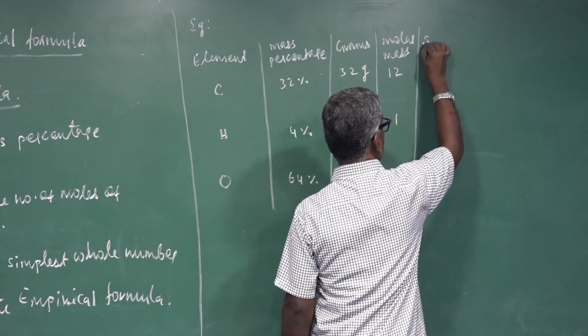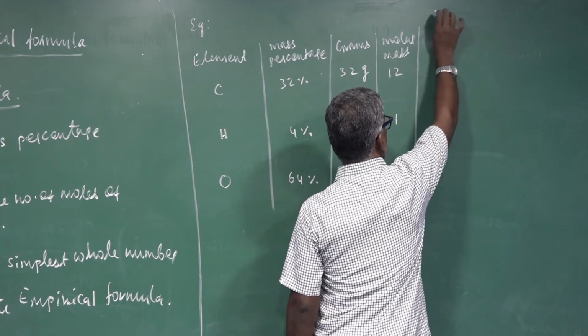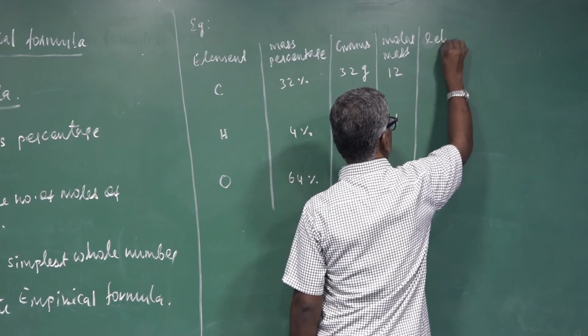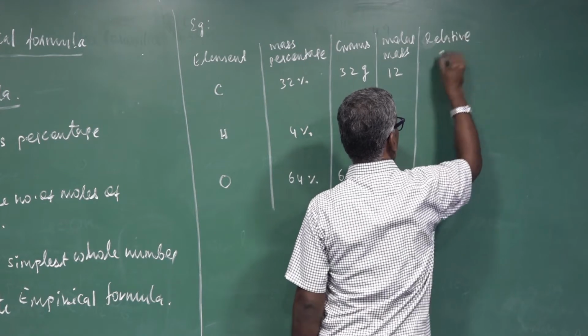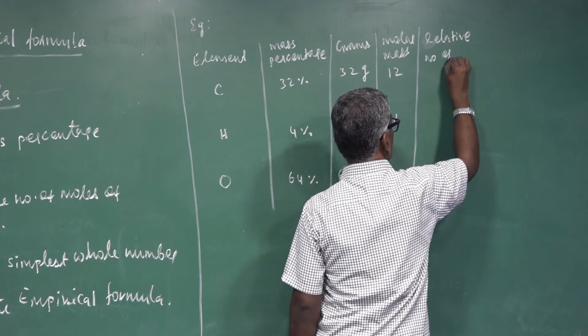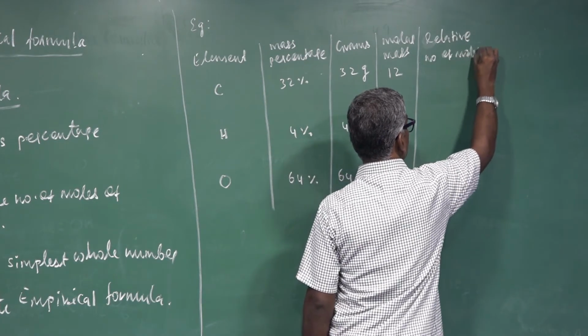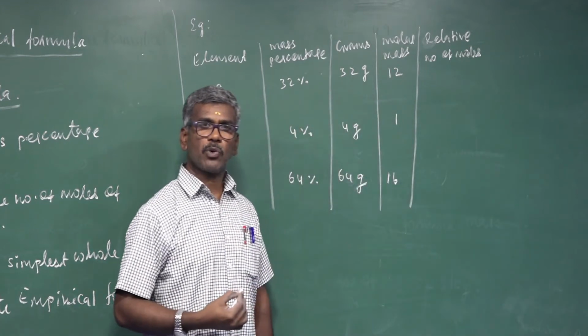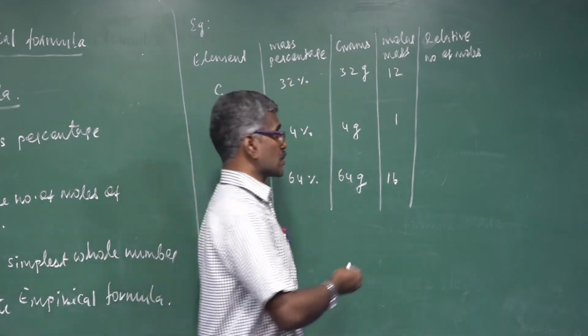Next, relative number of moles. How to find out number of moles? Mass divided by molar mass.